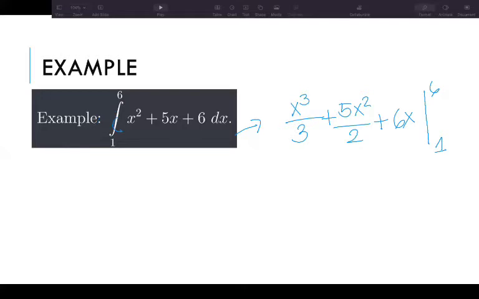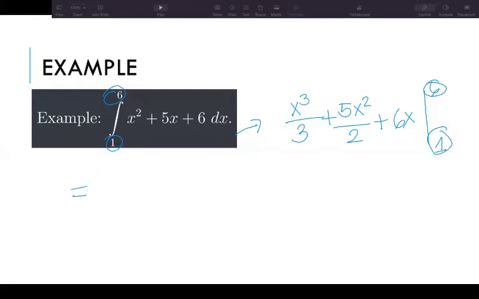So the lower bound is here and the upper bound is there. This means that we will perform subtraction when x is at the upper bound, which is 6, subtracted by the value of the function when x equals 1.